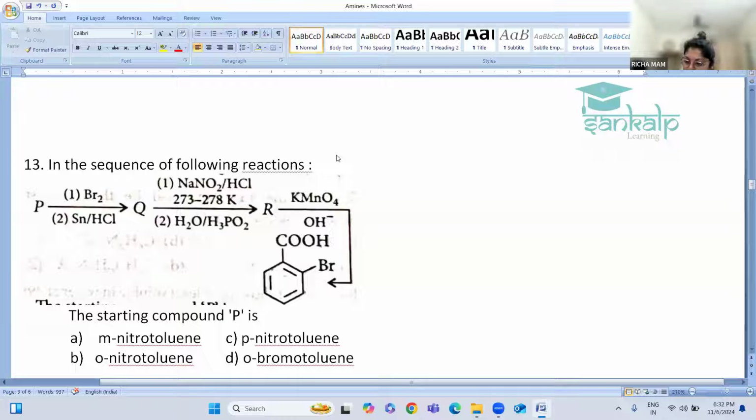So the students who have not seen the amines in detail, we have discussed about the amines in our ACE classes. There you can see the detailed explanation. We have already covered what are amines, different types of amines, then the preparations of amines, physical properties, chemical properties.